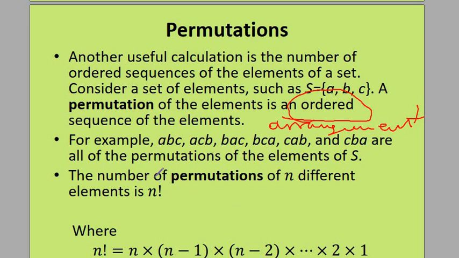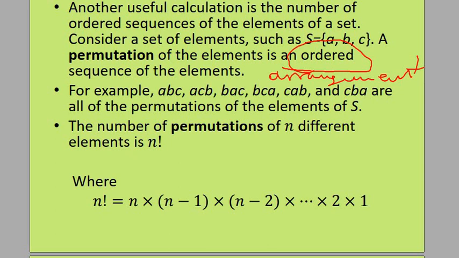The number of permutations of n different elements is given by n factorial. This symbol is called n factorial, and n factorial is n times n minus 1, times n minus 2, and so on.